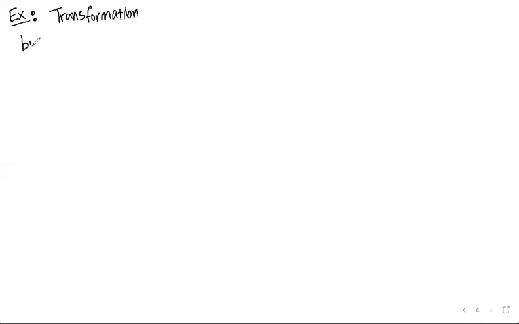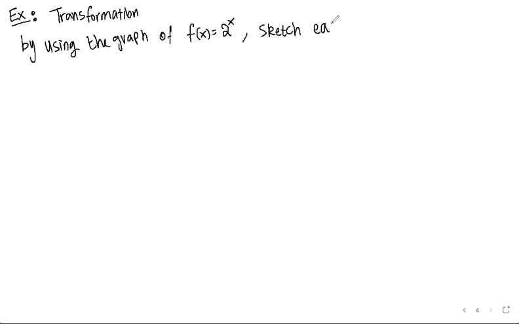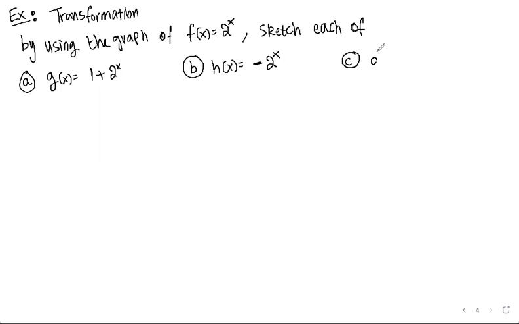So by using the graph of f of x equal 2 to the x, sketch the graphs of each of: number 1, g of x equal 1 plus 2 to the x; b, h of x equal minus 2 to the x; c, d of x equal 2 to the minus 2x.